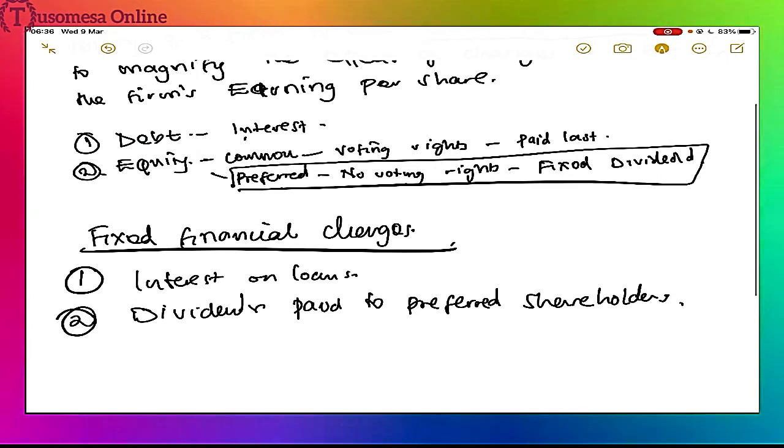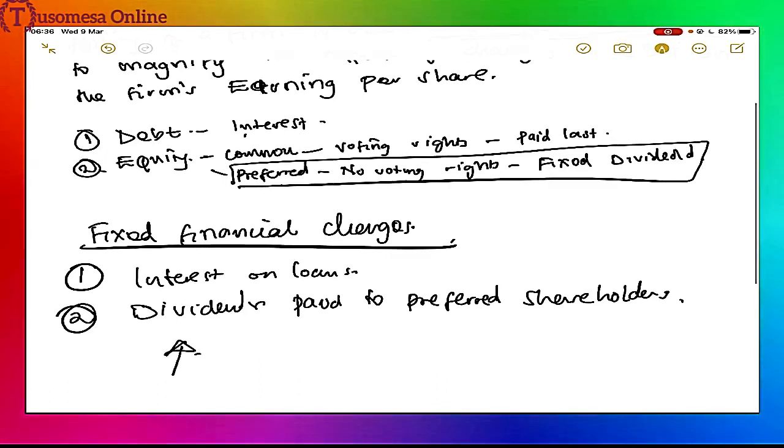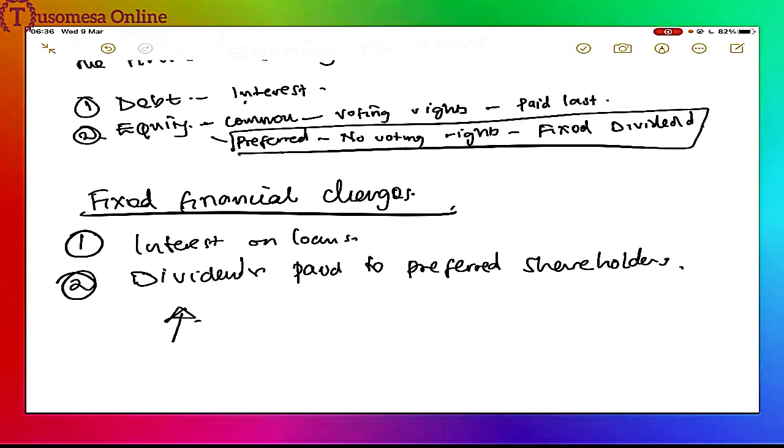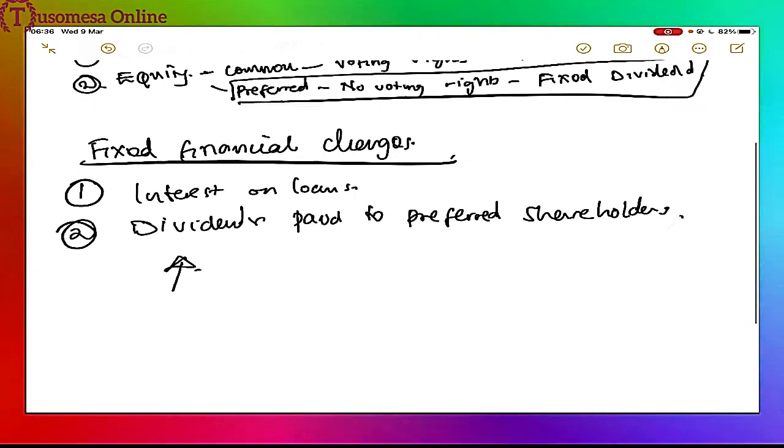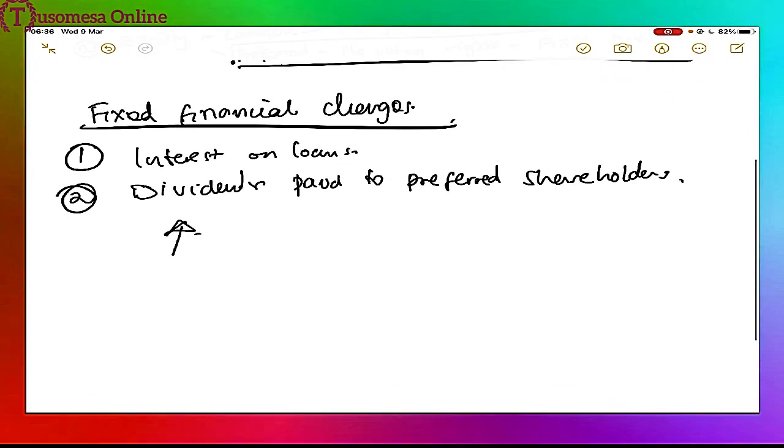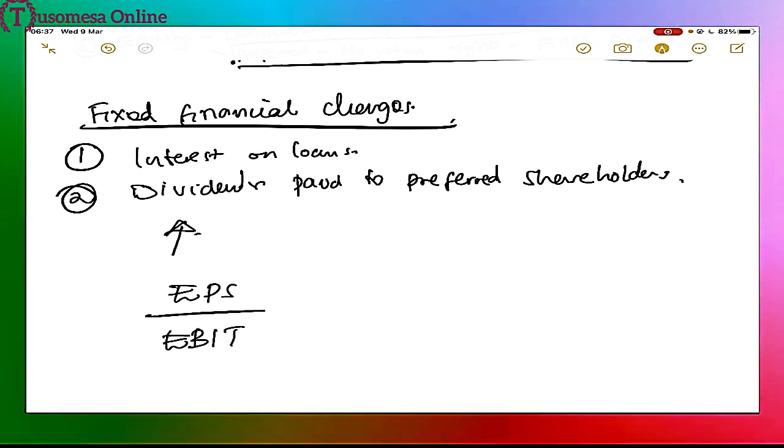Now, the ability of a company to use these fixed financial charges so as to improve the relationship between earning per share and a change in the operating profit, or earning before interest and tax, which is what we call operating profit.